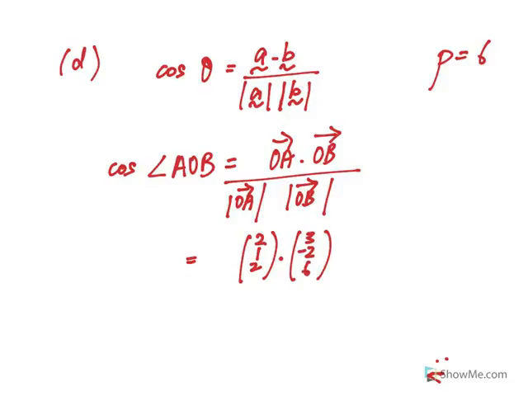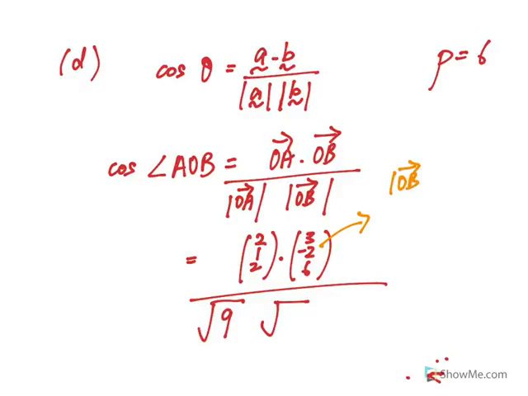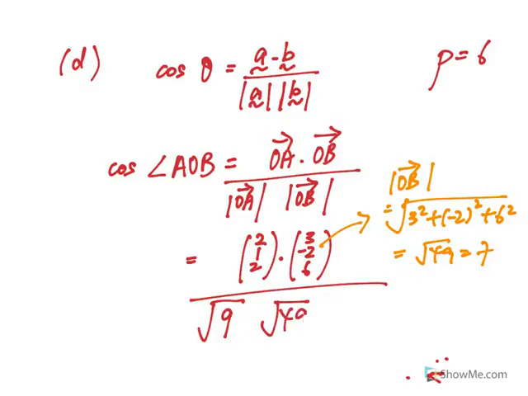The magnitude of OA, as we found earlier, is square root 9, which is 3. The magnitude of OB, you can actually find by yourself. This is the square root of 3 squared, negative 2 squared, 6 squared, which gives square root 49, which is 7. Solving, you'll get 16 over 21. I'll leave you to do it by yourself.